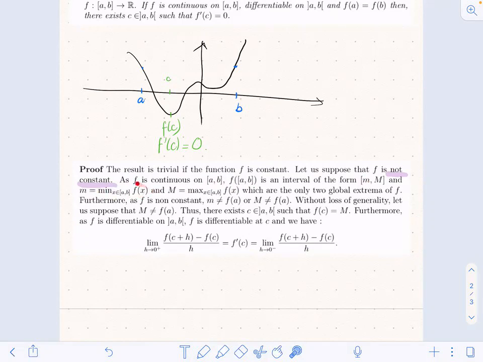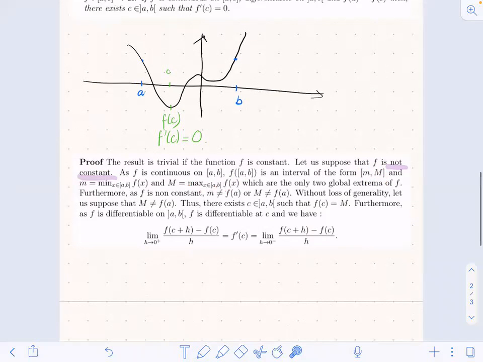That's attained because the function is continuous on a closed interval. And the biggest value M is the maximum of the function, which also is attained because the function is continuous on the closed interval. So as it's continuous on a closed interval, we've got this image set for our function.